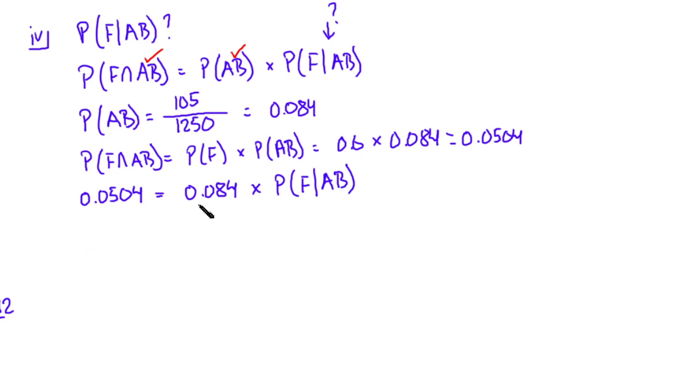Divide both sides by 0.084. And you're going to get 0.0504 divided by 0.084. Okay, and that's going to be 0.6. Okay, so that's F.